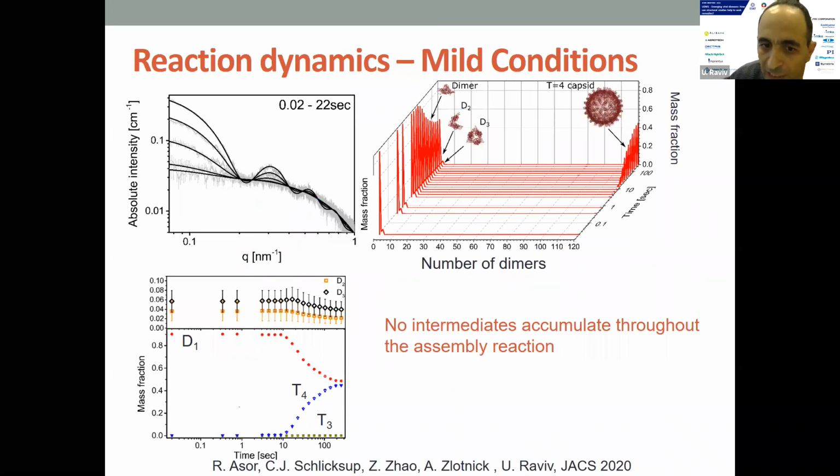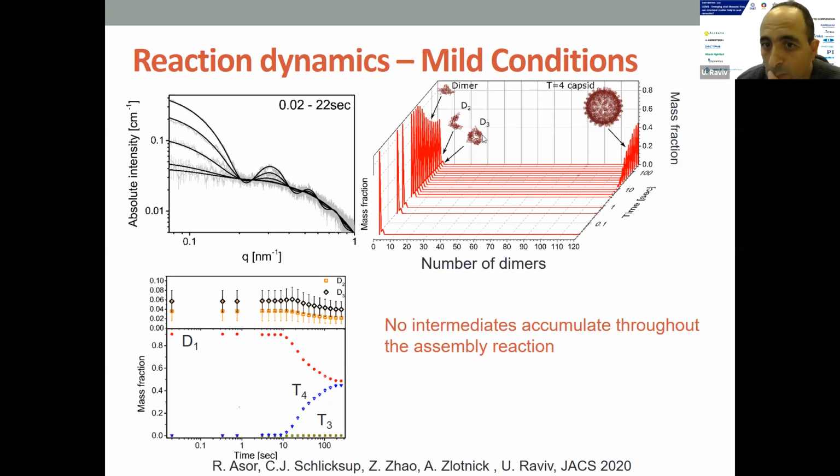So in mild reaction conditions, these are the data again, and they're analyzed, and as you can see, now the data are overlaid. You can see very little assembly in the first seconds. This is the mass fraction as a function of number of dimers. So you see the dimers remain in the first second, and this is the time axis.